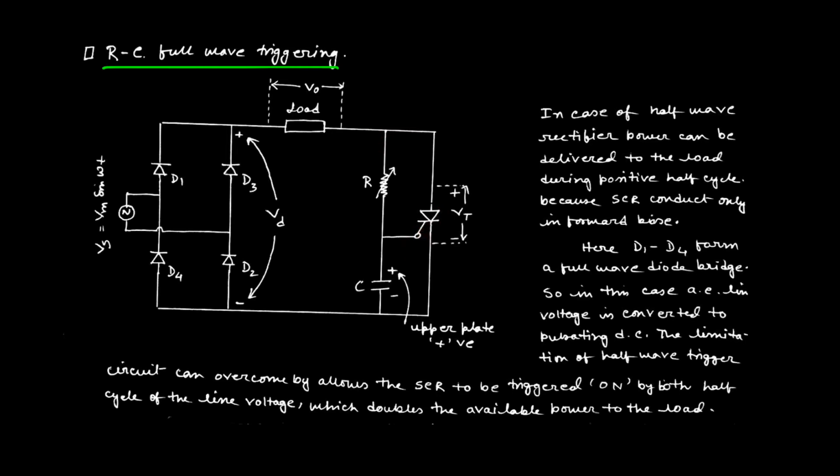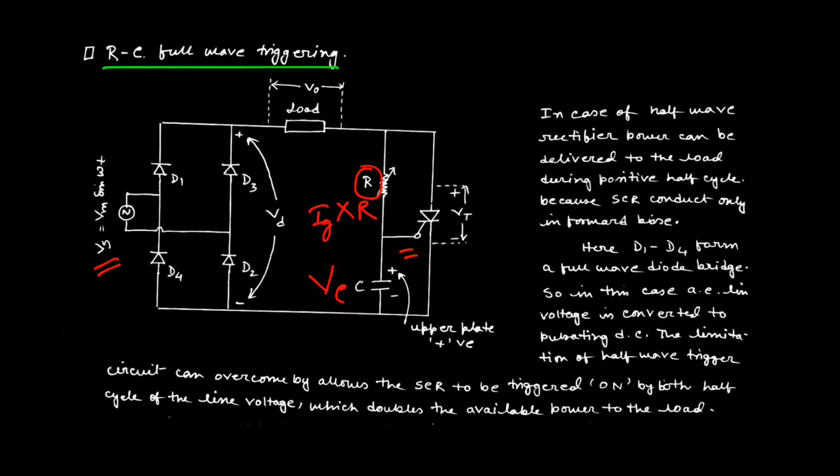If we consider the current flowing through the resistance to the gate as IGT, and the voltage appearing across the capacitor as VG, and the supply voltage is Vs, then we can write the expression in this way: Vs equals the voltage drop across R, if the current flowing through R is Ig2, multiplied by R, plus the voltage across the capacitor, Vc, which is nearly equal to the gate voltage Vg.